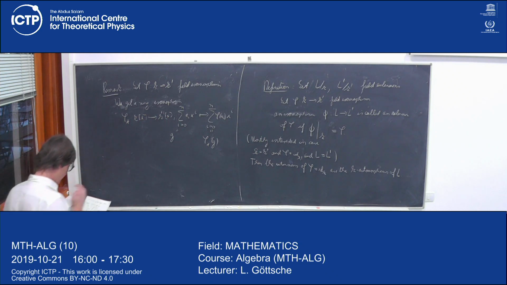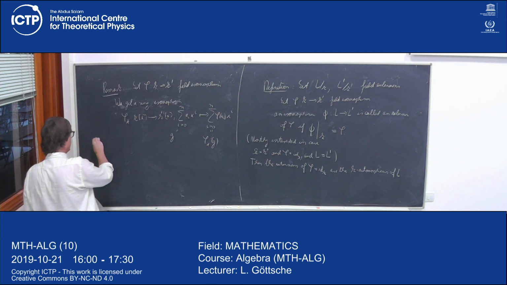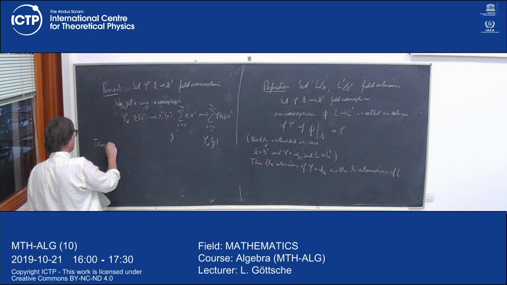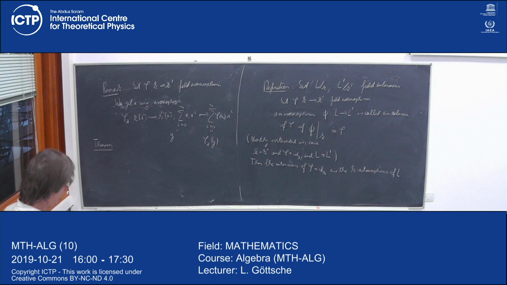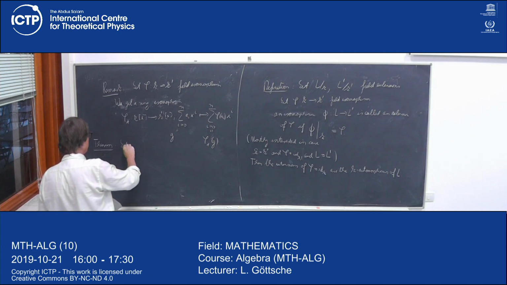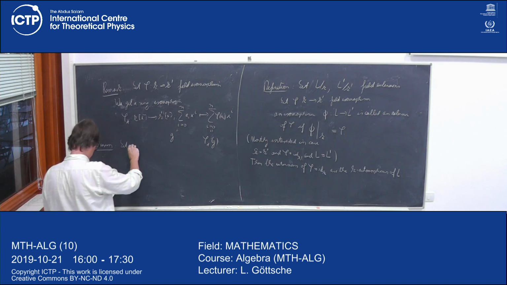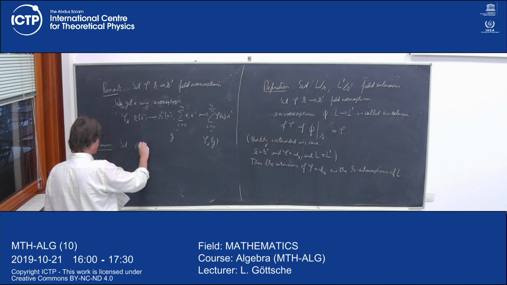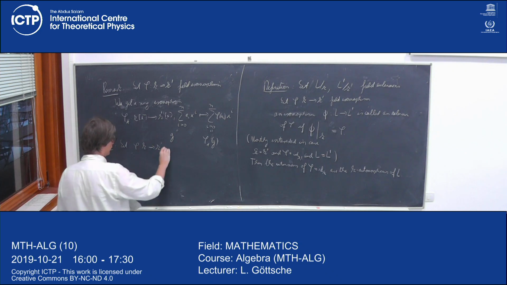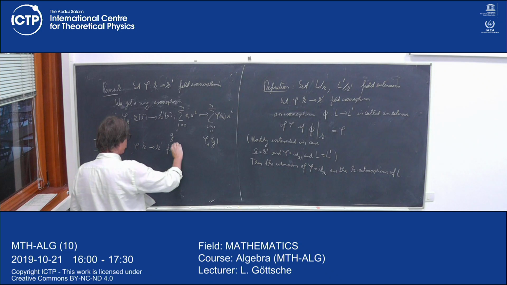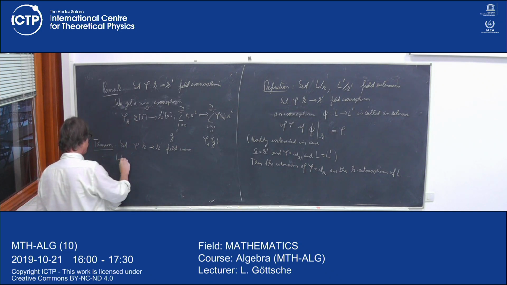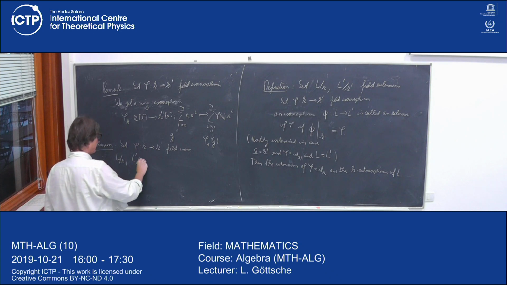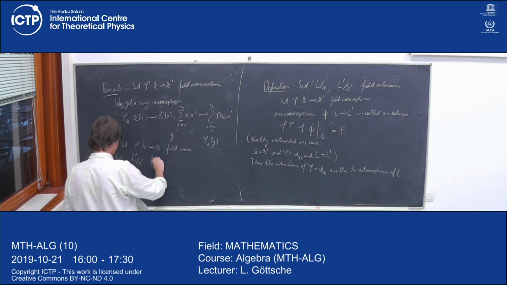Okay, we want to use that. So now we have the following. I call it a theorem, although it's not very difficult. Let phi from k to k prime be a field isomorphism, and L over k and L prime over k prime field extensions.